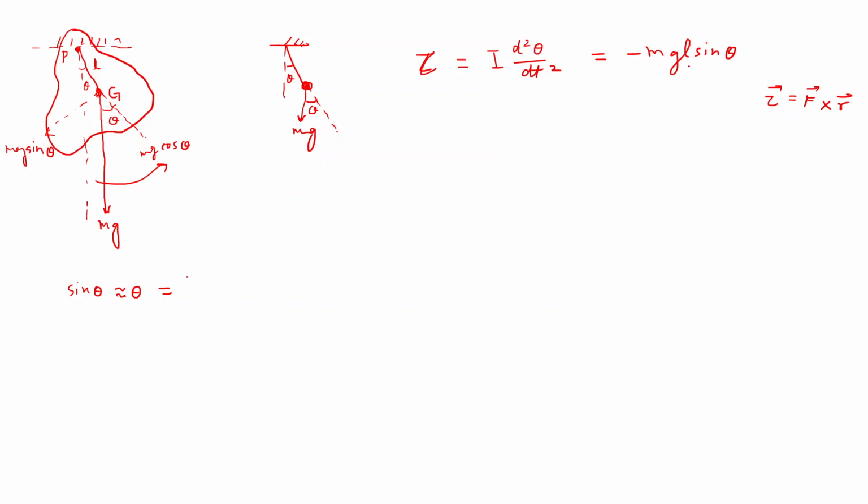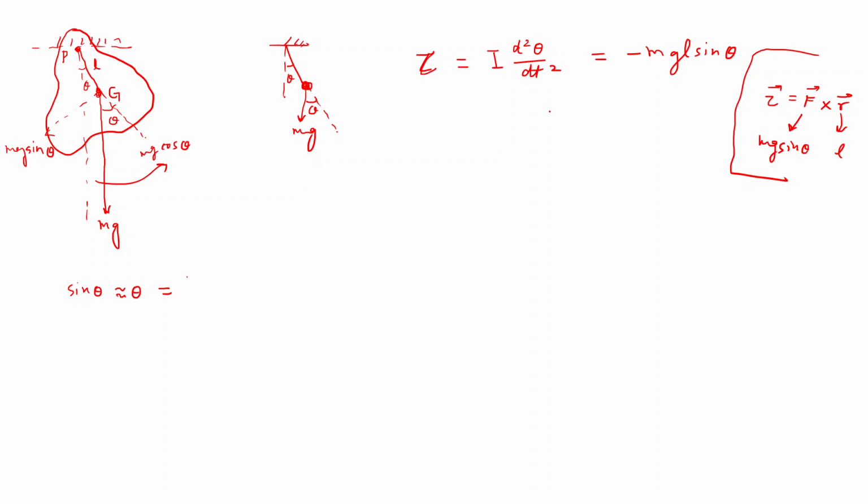The force here is mg sin theta, the restoring force acting here, and L is the distance from the suspension point to this point. Since it is in the opposite direction, we get the expression minus mgl sin theta.